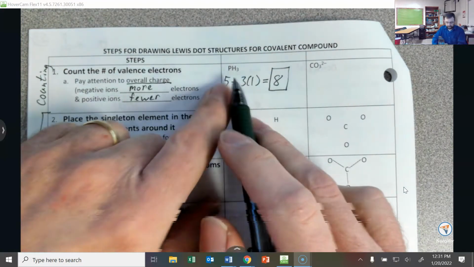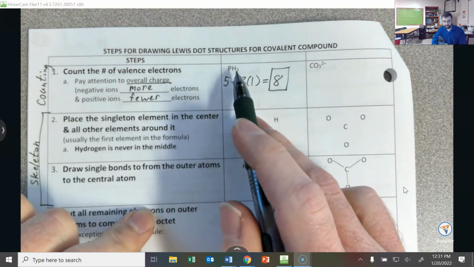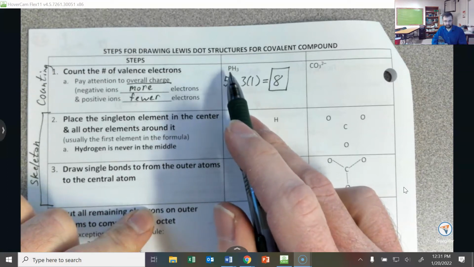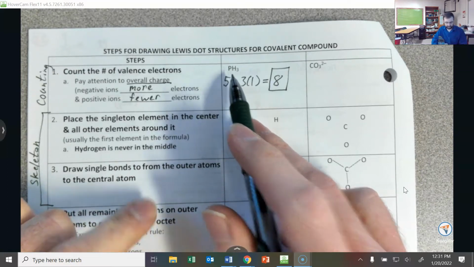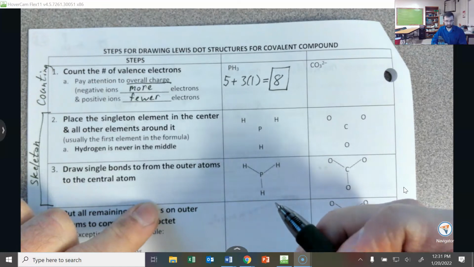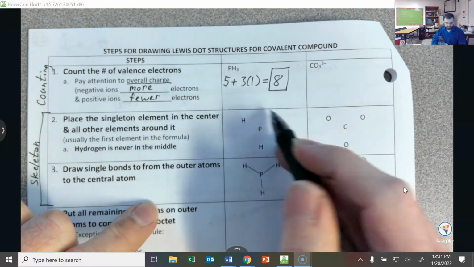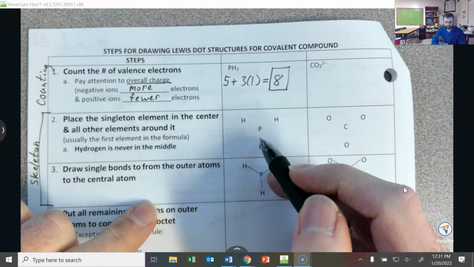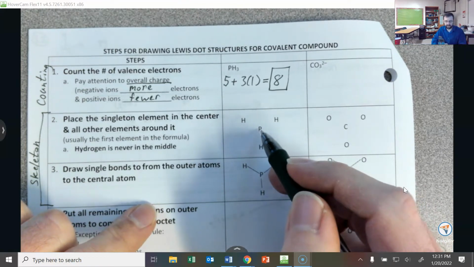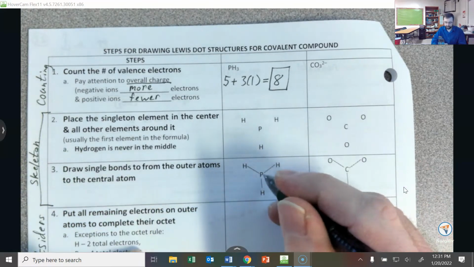All right, so then our skeleton step. That's where we're going to look at the formula. I've got PH3. You see that I only have 1 phosphorus, so the phosphorus is probably in the middle. And the 3 hydrogens surround it, PH3. We're going to connect the central atom to each of the outside atoms with a single line.